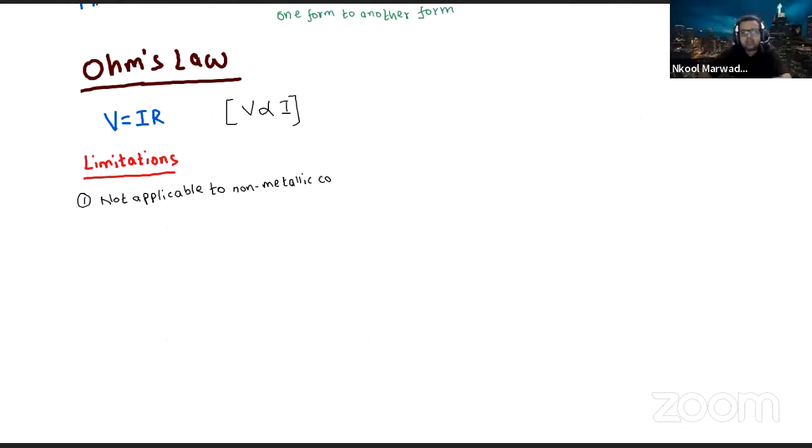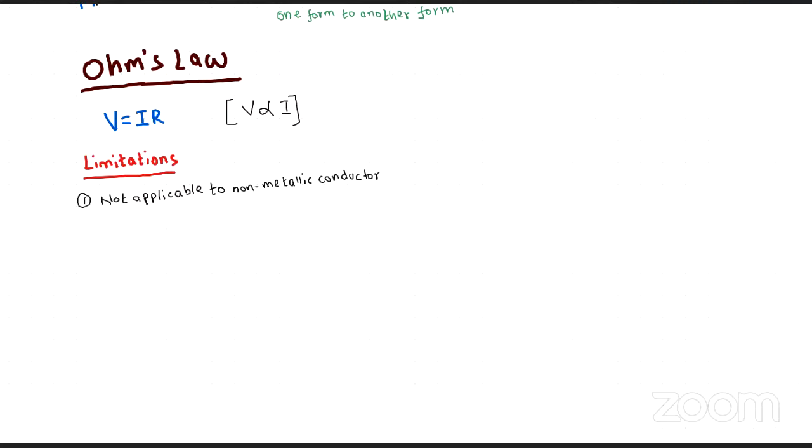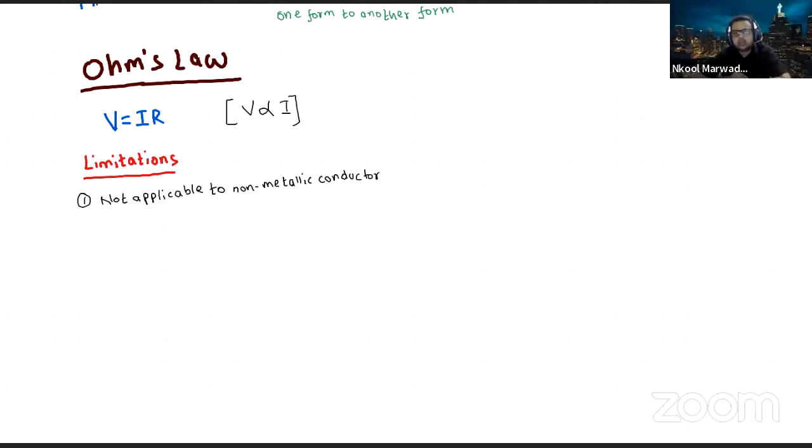What is the conductor? Conductor is the wire through which the current will flow. So the wire through which the current will flow has to be metallic, because in a non-metallic conductor, this equation will not be perfectly valid.